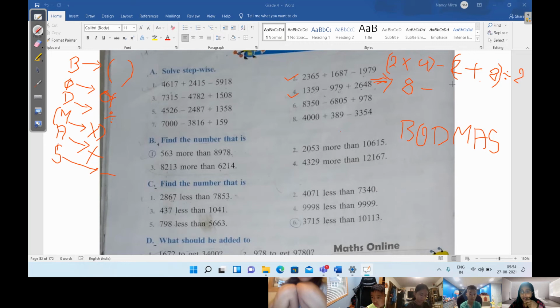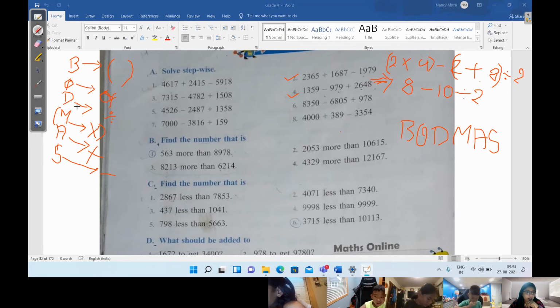Now we have to take the second bracket. You have 8 plus 2, it becomes 10. Yes or no? Yes. Now we have division. Here is addition, here we have subtraction, and this one has nothing, so it means it is positive, 8 is positive, and we have division.